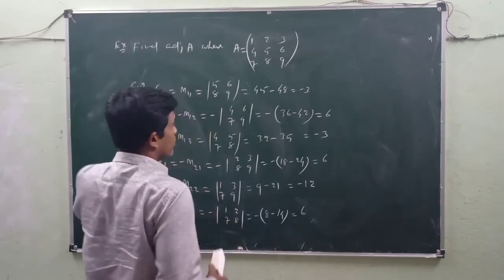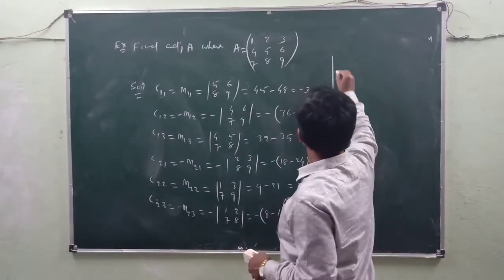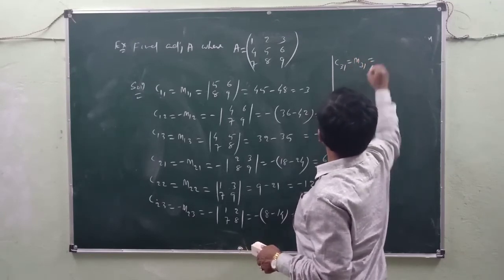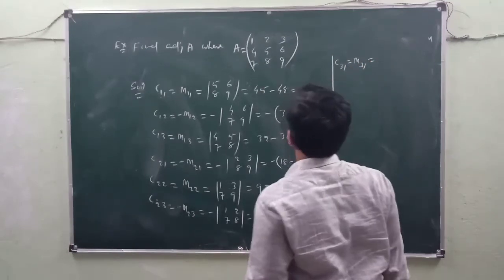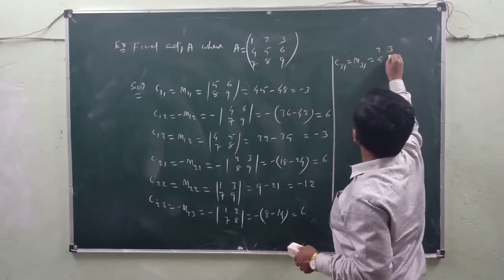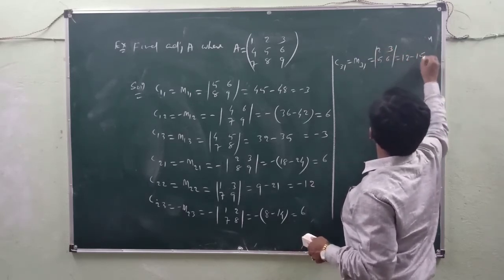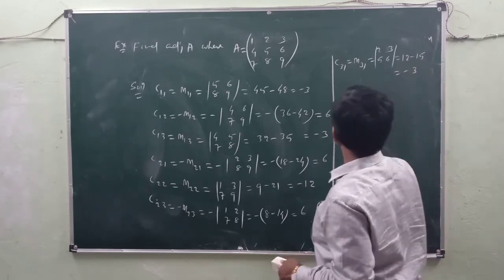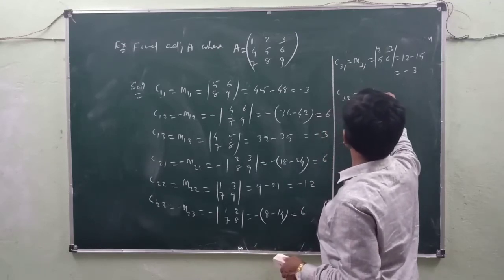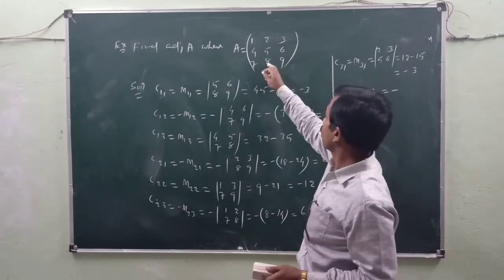Then similarly you find the value of C31, which is M31. M31 means the minor of 7. It will be the determinant of 2, 3, 5, 6, that equals 12 minus 15, that is minus 3. Then C32 is minus M32, that is minus of the minor of 8.